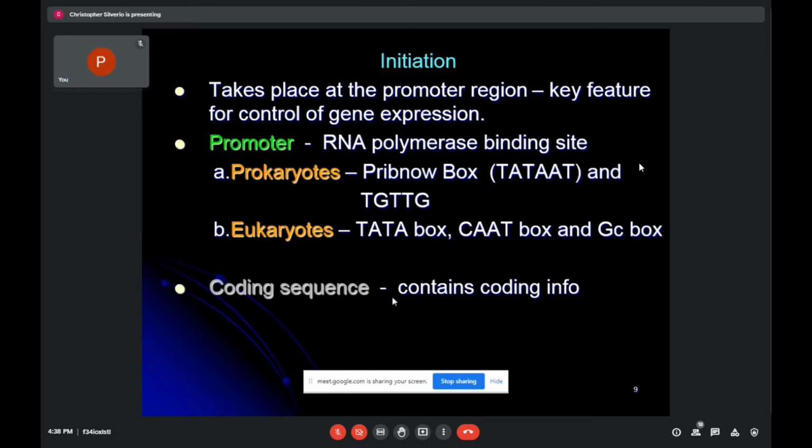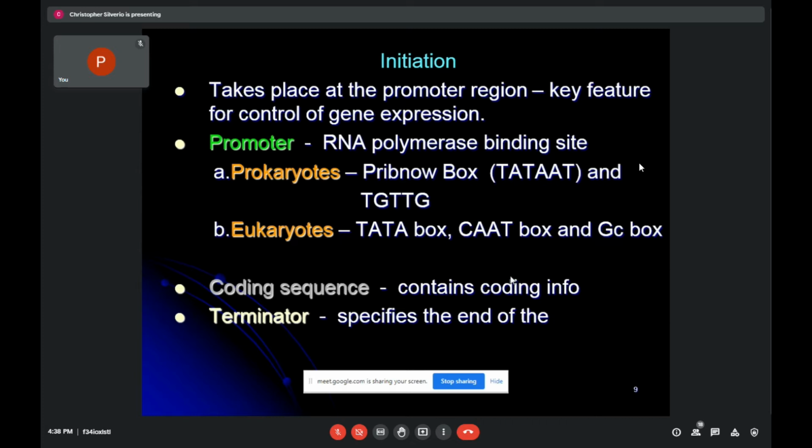And then the coding sequence contains coding information. The coding sequence of the DNA contains the coding information.